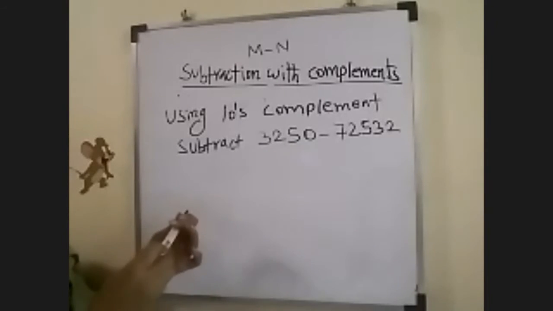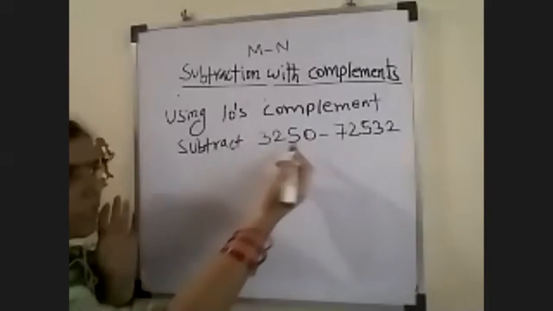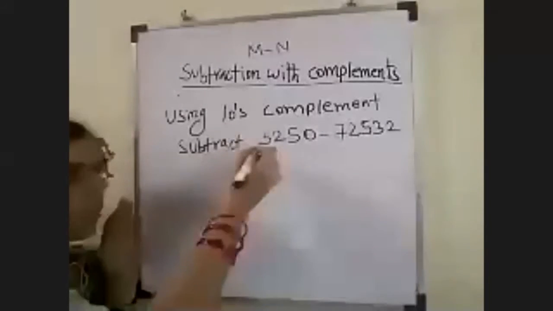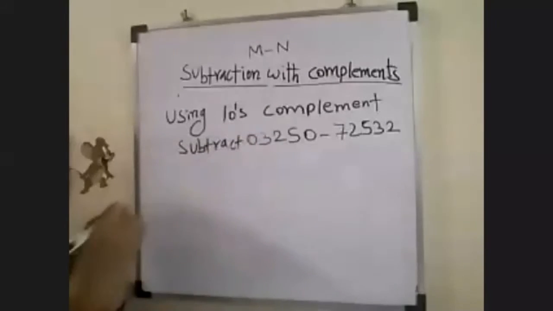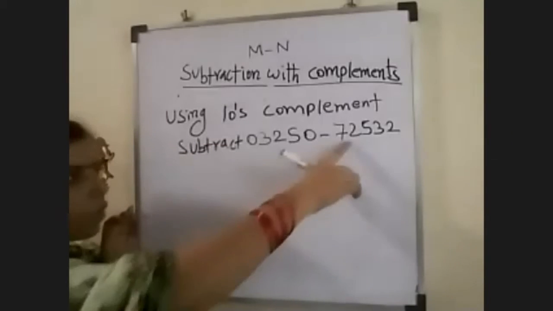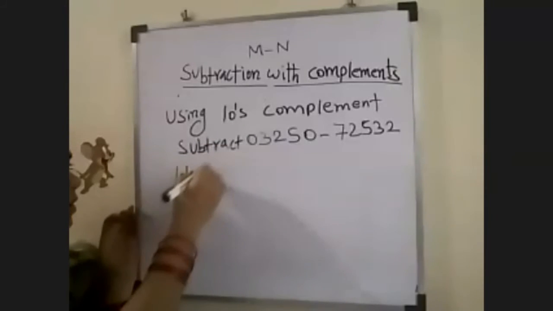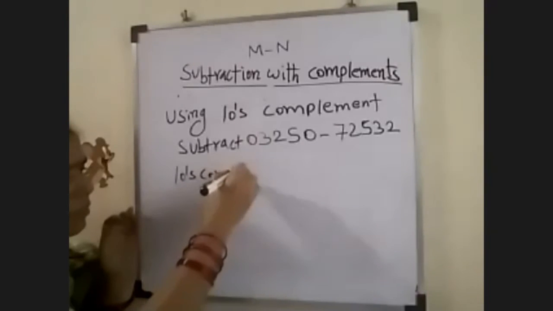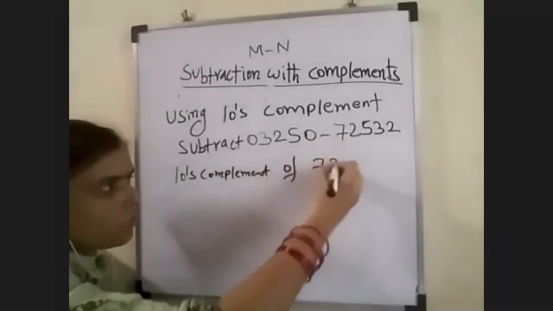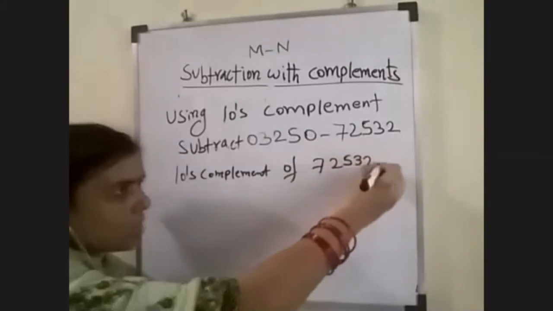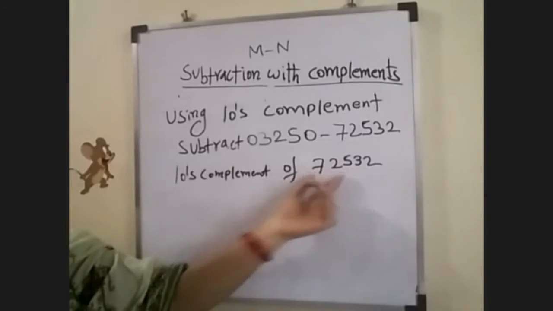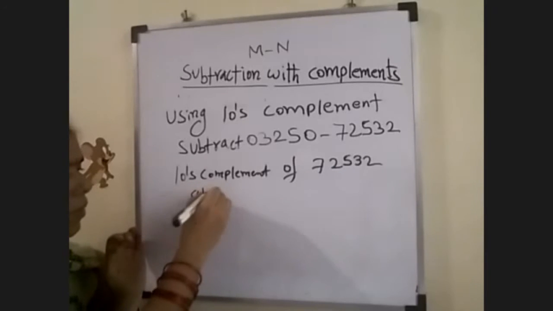So now, first equalize these numbers. 1, 2, 3, 4, 5. Here there are only 4, so in front of this you can place a zero. Now take the 10's complement of 72532. First perform the 9's complement of this number.